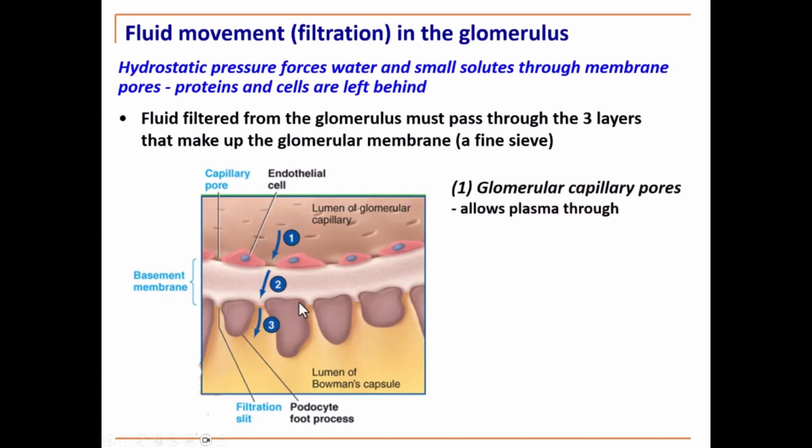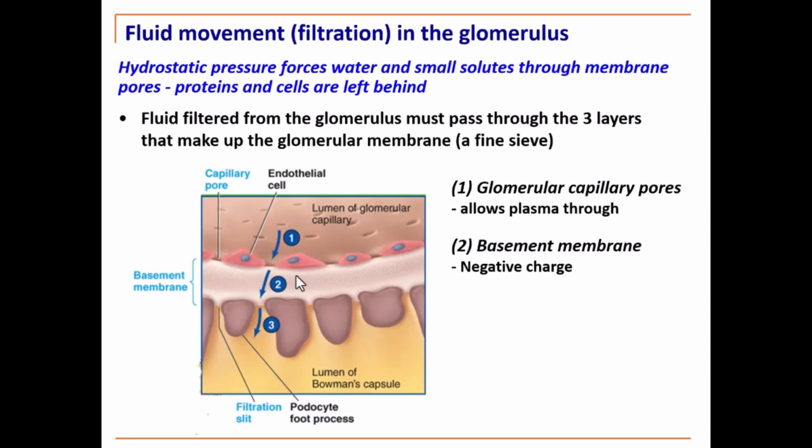You then come to the basement membrane. At the level of the basement membrane, this has a very negative charge, and it's made up of collagen and glycoproteins. That negative charge repels the proteins that do get through that initial capillary pore, because those proteins are negatively charged and your basement membrane is negatively charged, so it basically repels them, a bit like a magnet.